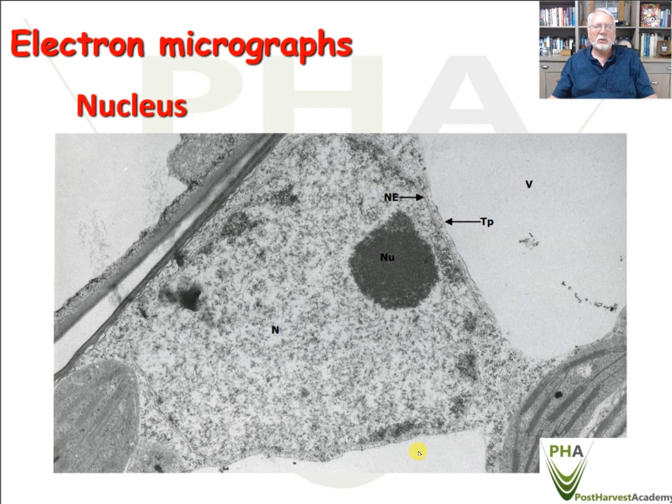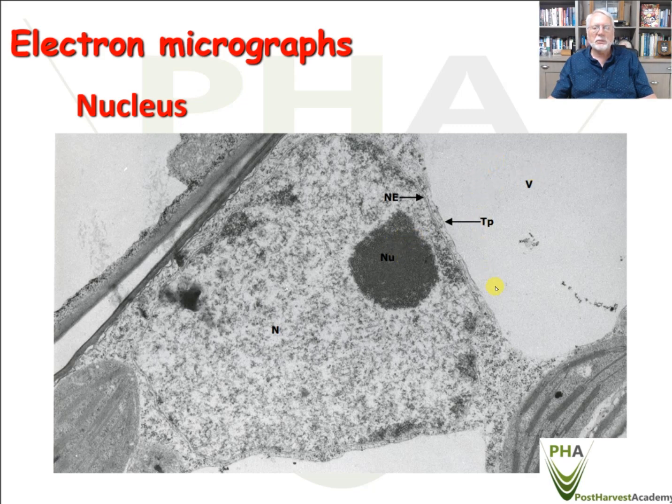This is an electron micrograph of the nucleus of a plant cell. Here you can see the nucleus is surrounded by a double membrane envelope, the nuclear envelope. The nucleus contains the DNA that is involved in gene expression in the cell, and a dense nucleolus that is involved in the synthesis of ribosomes.